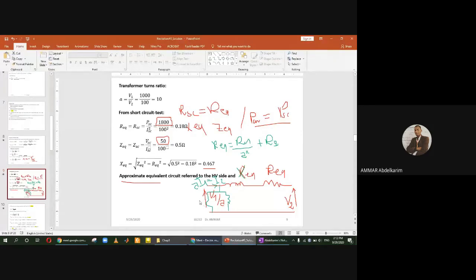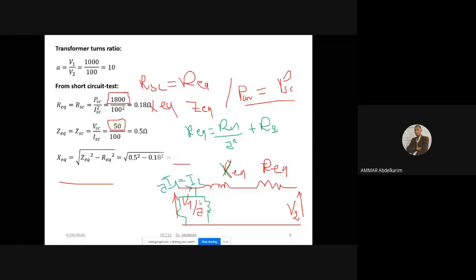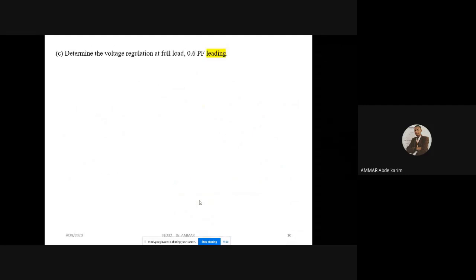Now, as I said, we have used the approximate equivalent circuit. Now, determine the voltage regulation at full load with power factor 0.6 leading. We have seen in problem number 8 different cases when we have a lagging, leading or unity power factor.